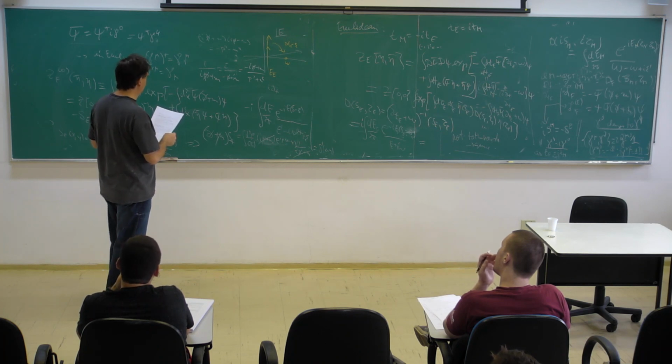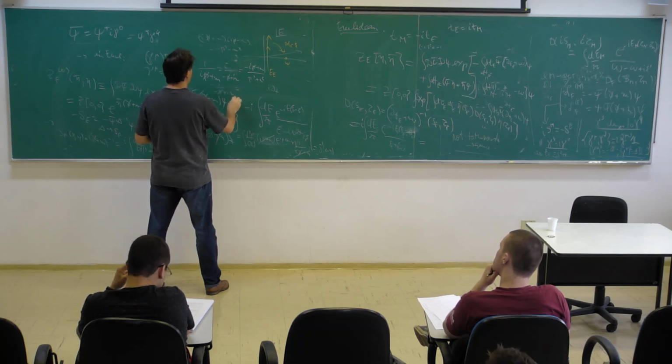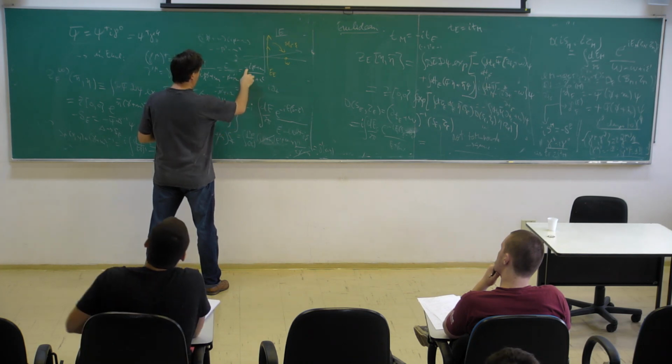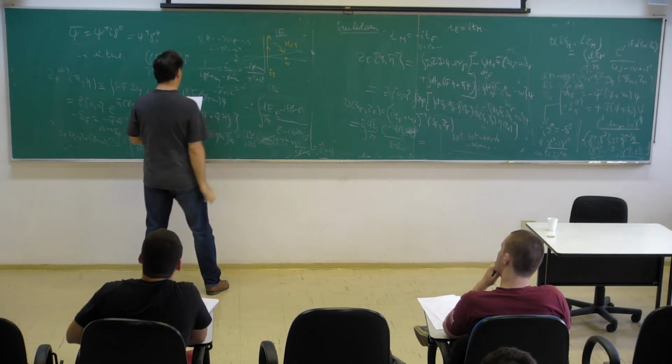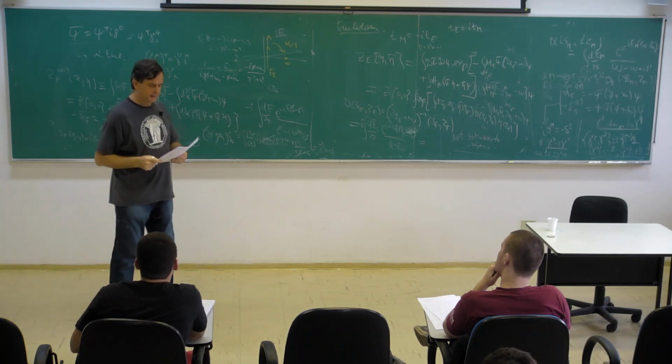Let's see, what do I have? So I wrote 1 over minus p slash plus im. That is minus i times this thing. Minus i gives, oh no, it gives, right, it's right, sorry. No, it's consistent, yeah. Okay.